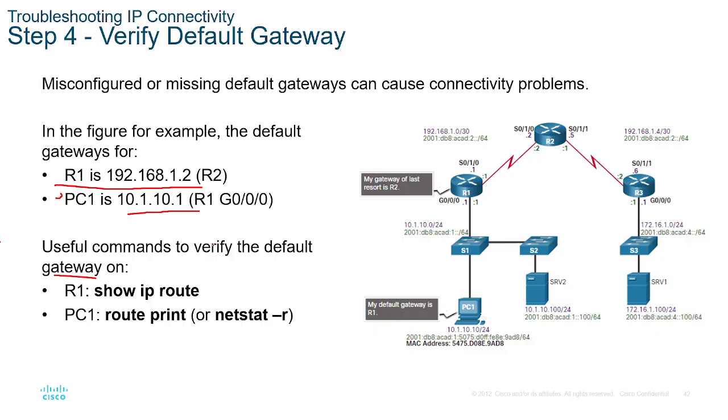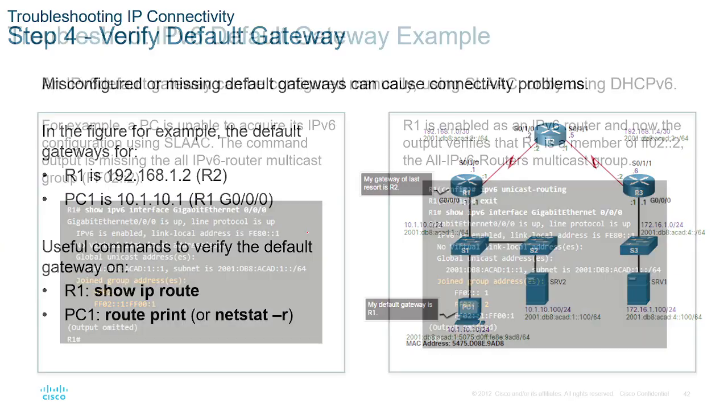A useful command to verify the default gateway is show ip route, or route print, or netstat -r. In here, it would be the first IP address as shown. The first IP address of this subnet would be the default gateway for this computer and for this network.